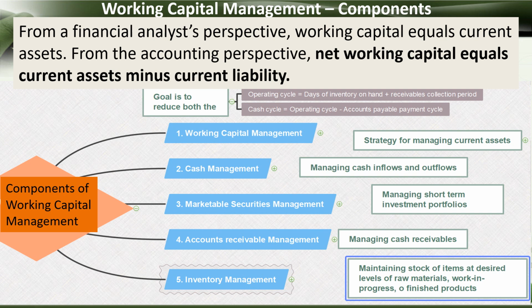Hence, we have to analyze all the current assets as the main components of working capital: cash management, marketable securities management, accounts receivable management, inventory management, and also prepaid expenses. But prepaid expenses is not a major issue that we manage as a separate discussion; we understand that it is also part of the current assets.